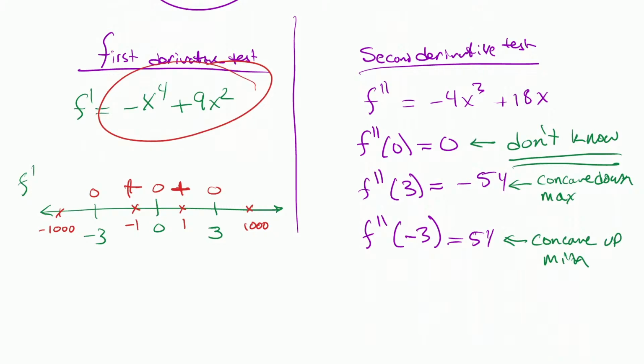When you plug 1,000 into this, notice that you have 1,000 to the 4th power, which is 1 million, 1 billion, 1 trillion. So it's some huge negative number, plus 9 times a million. The big negative is going to make this whole thing negative.